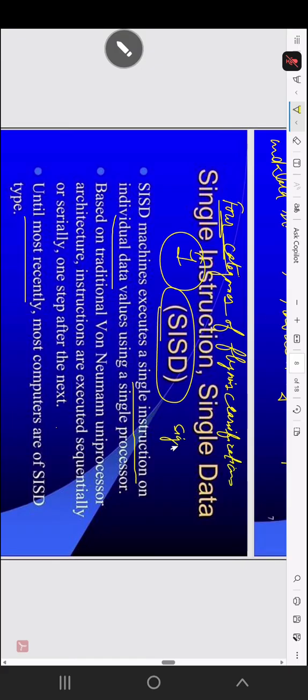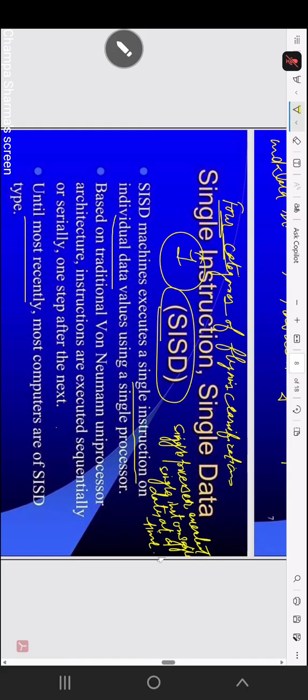Here a single processor executes a single instruction on single data at a time.